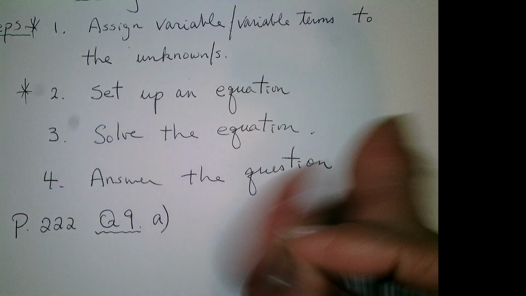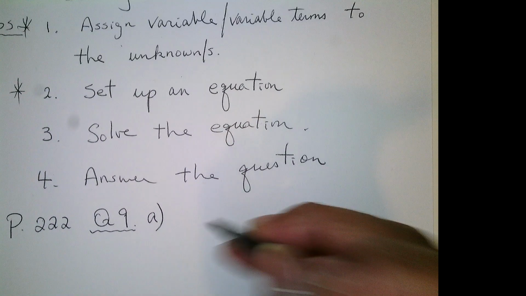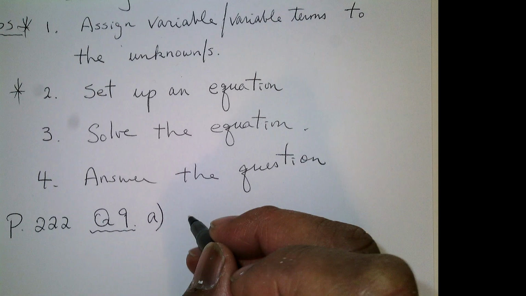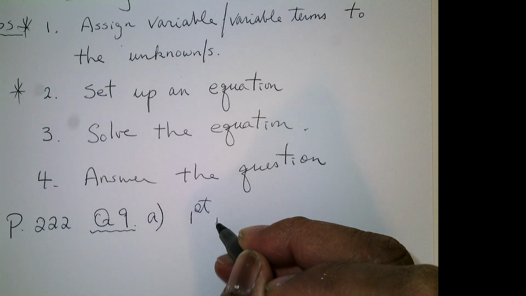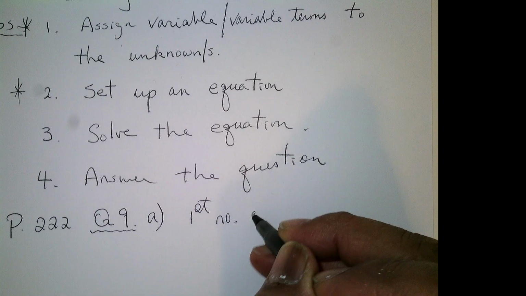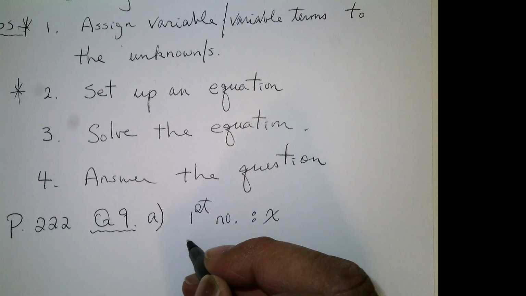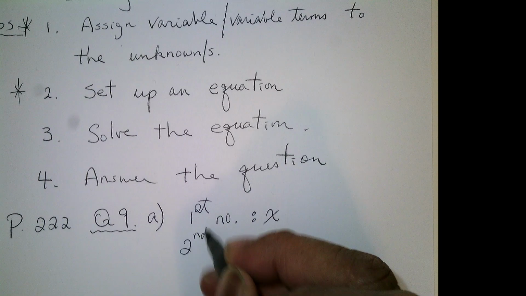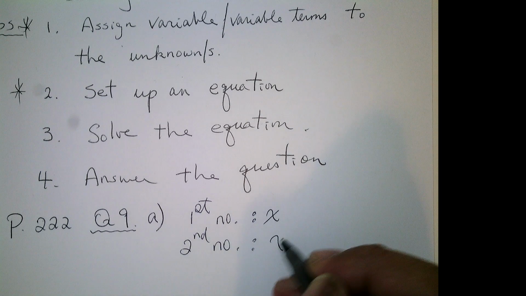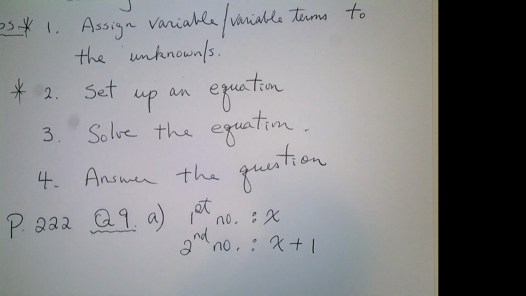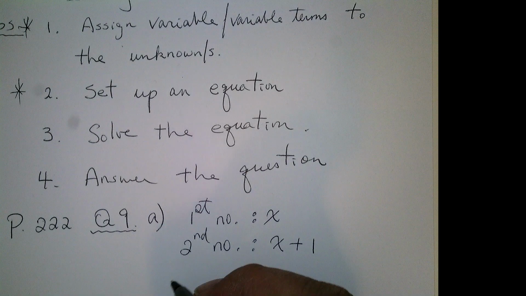It should be like this. So first number would be x. Second number, you add 1 because it's consecutive.